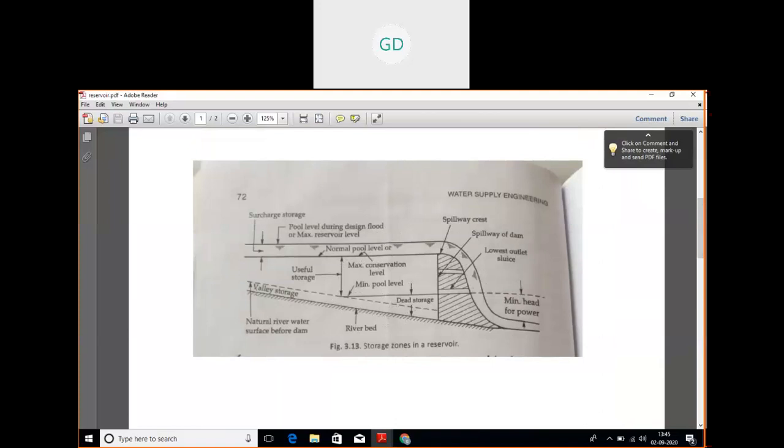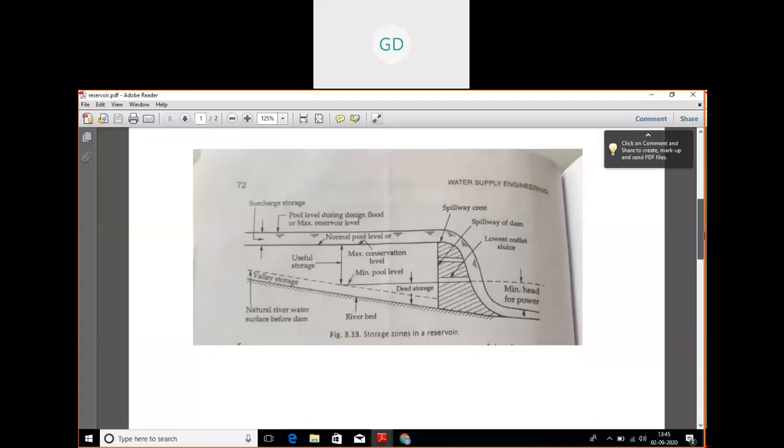This is your river bed, so water seeps through the river bed. Then in the dry season, when the reservoir gets depleted or dries, only in that circumstance does this water come out. The water that seeps in during normal conditions comes out only after depletion.